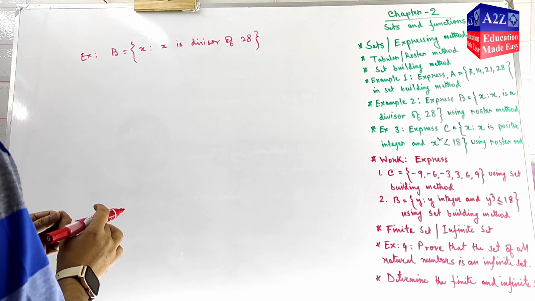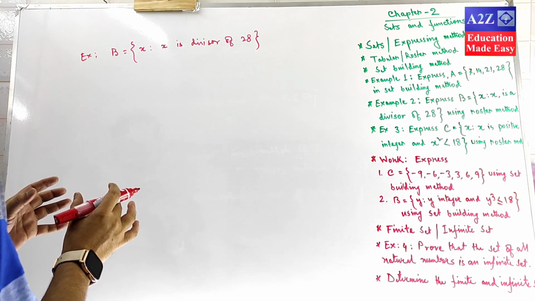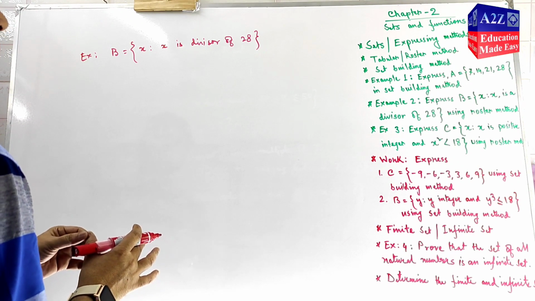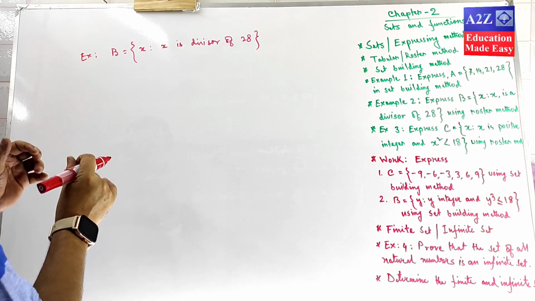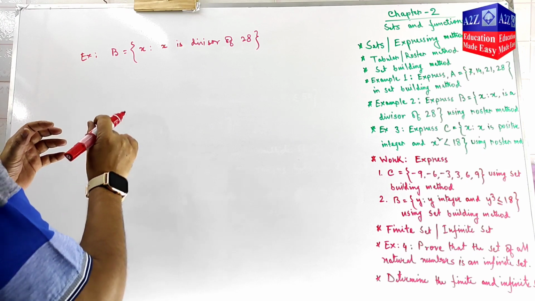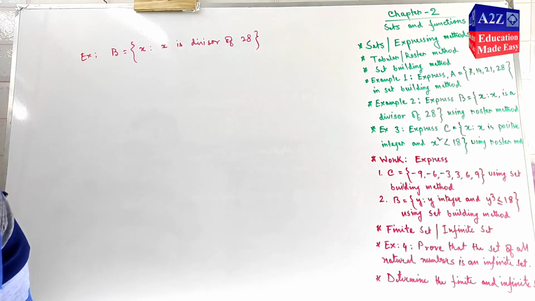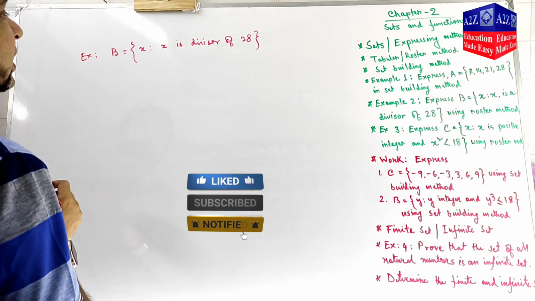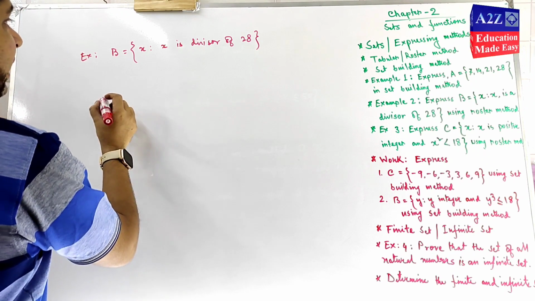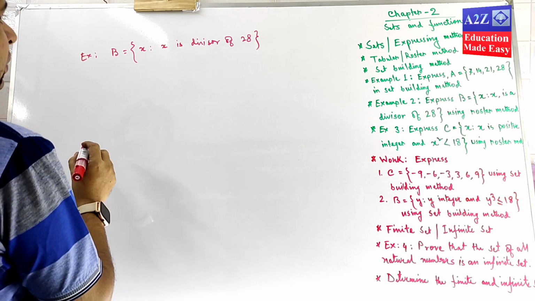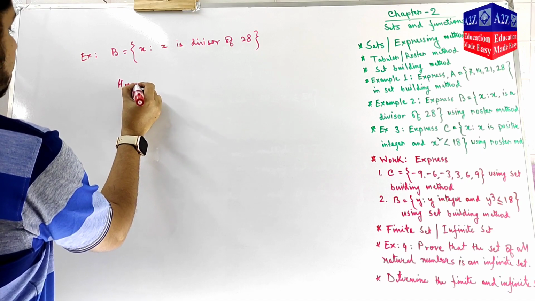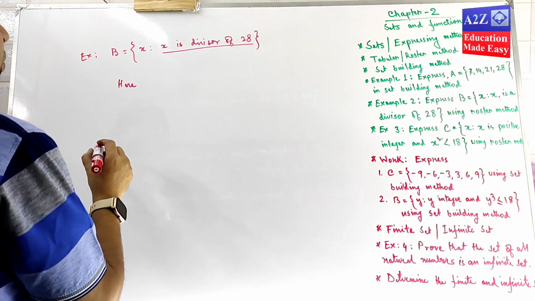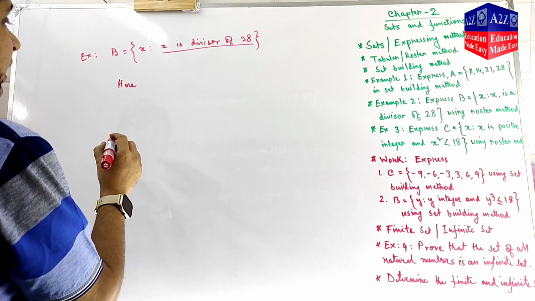Okay, what we have to do while we convert a set from set builder method to tabular method is break down the common properties into details. So x is a divisor of 28 here, and I break this down so that I can find the items and prepare a list.